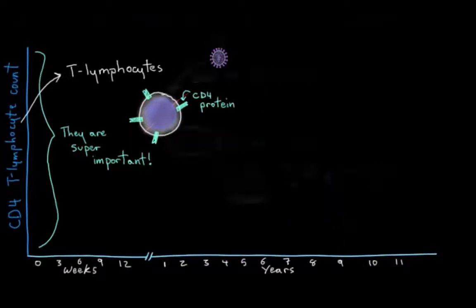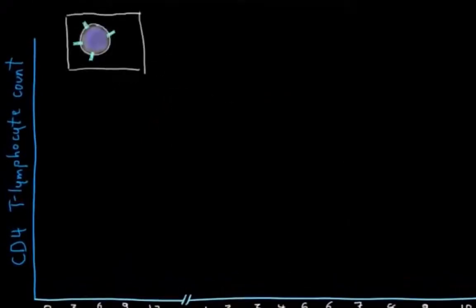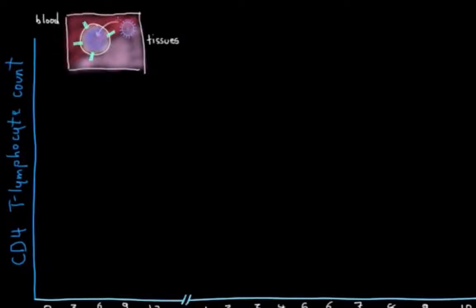So let's say you acquire HIV in your body, either in your bloodstream or your tissues, maybe through unprotected sex with an infected partner. That would be the most common method of becoming infected with HIV in adults at least. What happens? Well, the main thing is that the virus really quickly gets into your white blood cells, so these T helper cells, the CD4 cells we talked about, but also some other white blood cells like your macrophages and so on.